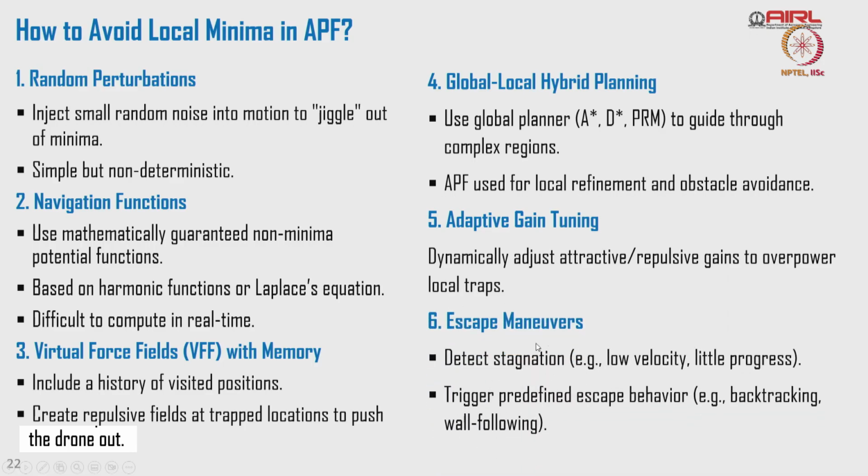Or you can always have an escape maneuver whenever you get stuck. When you get into the stagnation point, you can trigger a predefined escape behavior. Either you can do backtracking along the previous path you followed, or at the point where the field comes into picture, you take a random direction and then see whether you can escape.